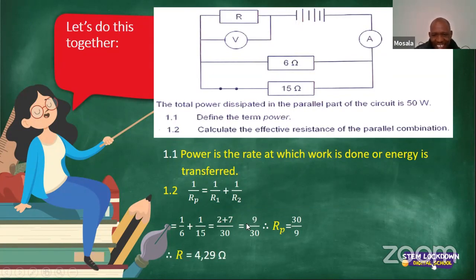So the answer that you are seeing there is correct, your R parallel will be 4.29. But here you have 5 plus 2, which is 7 over 30, and then 30 divided by 7, not divided by 9.